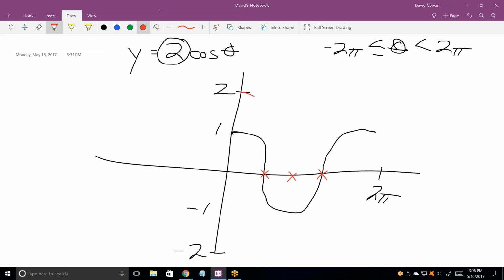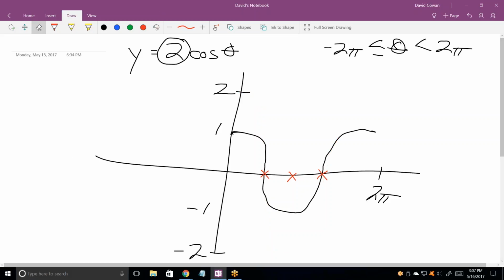It's going to drop down and go through the horizontal axis there, go down to its minimum there, come back up through the horizontal axis there and come back up to its starting point there. Now, that's one cycle.